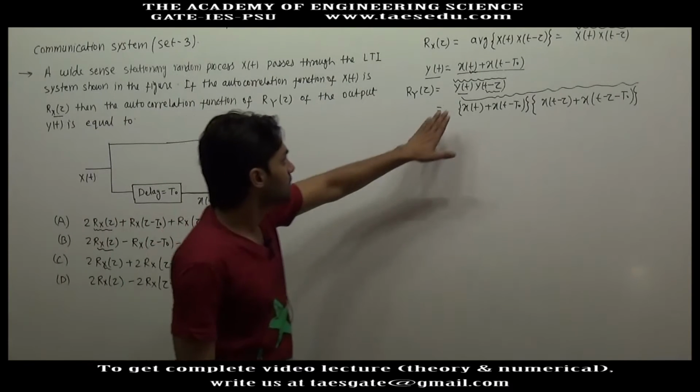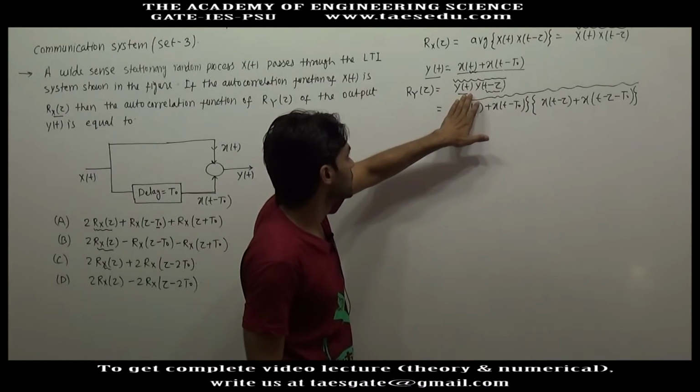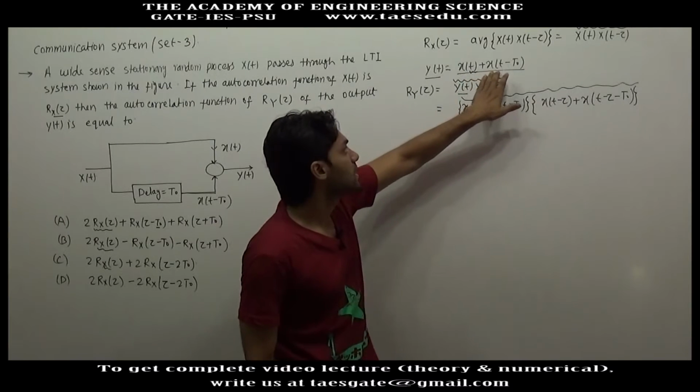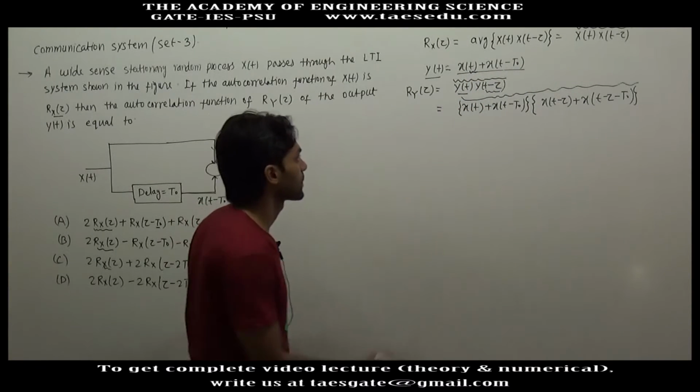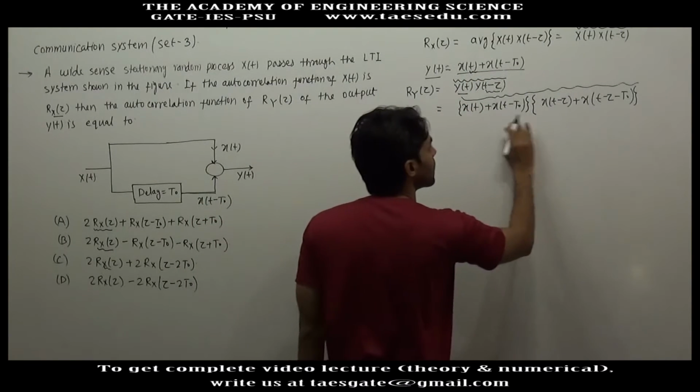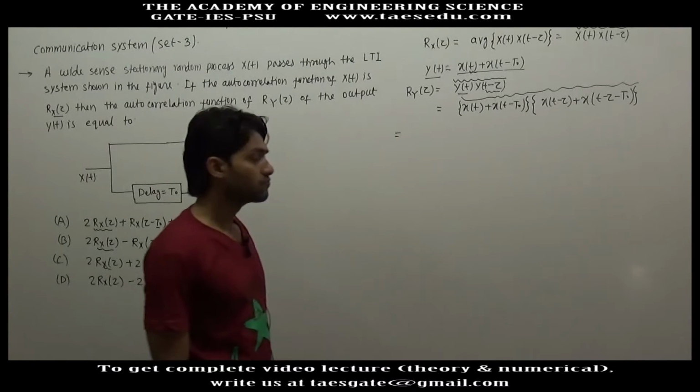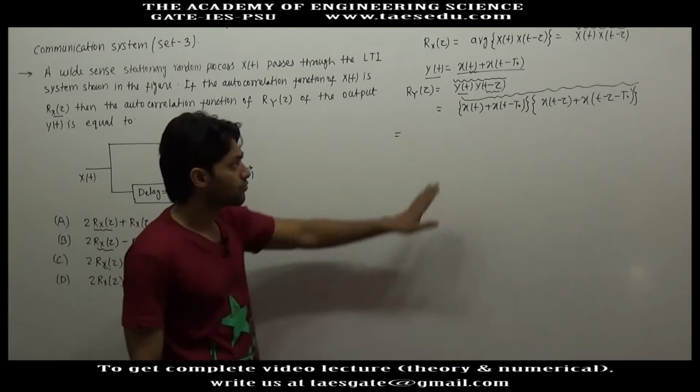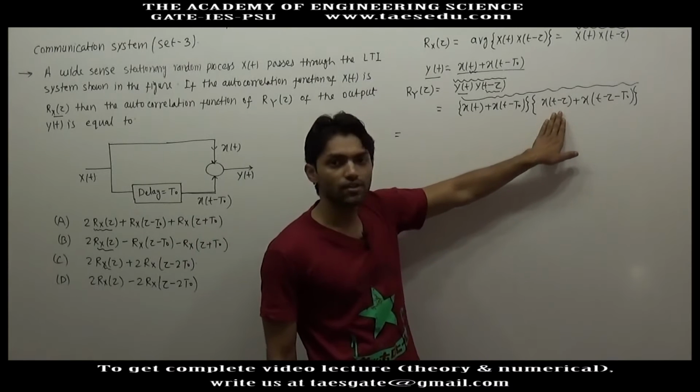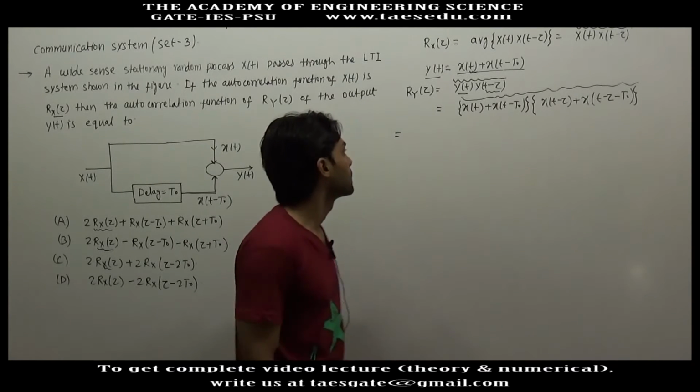I did nothing; in this expression, at the place of y(t) I put x(t) plus x(t minus t naught). Now we have to find the average of this quantity. Average is a linear operation, so first multiply and take individual averages and then add.